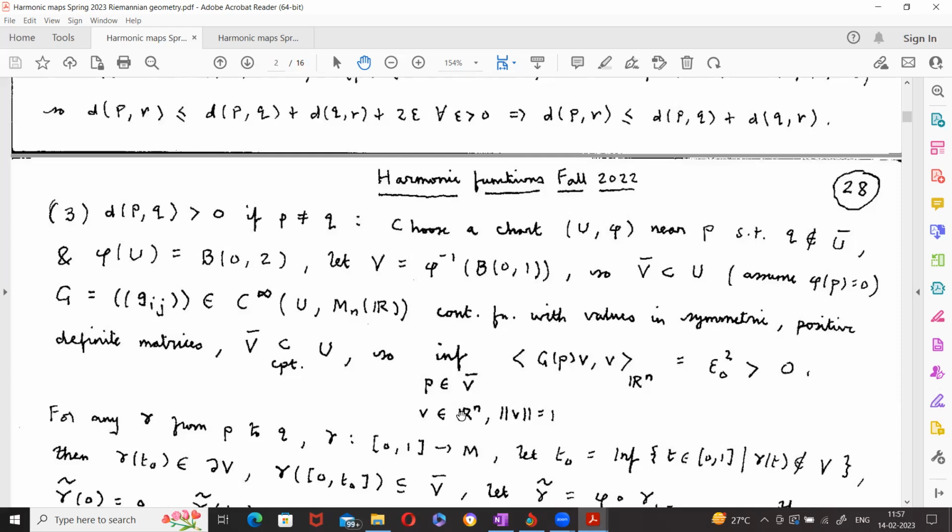On that compact space, I have a continuous positive function: (p, v) goes to the Euclidean inner product of G(p)v with v. Since this is positive and continuous on a compact set, it attains its infimum, right? So this infimum is therefore some positive number, epsilon naught squared, okay?